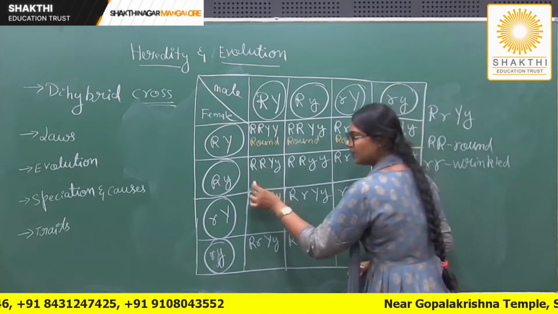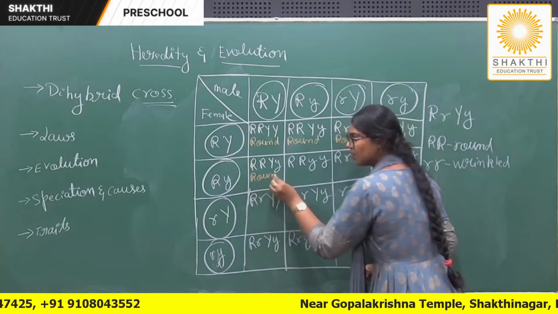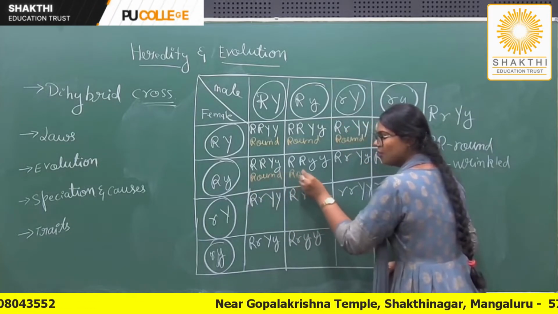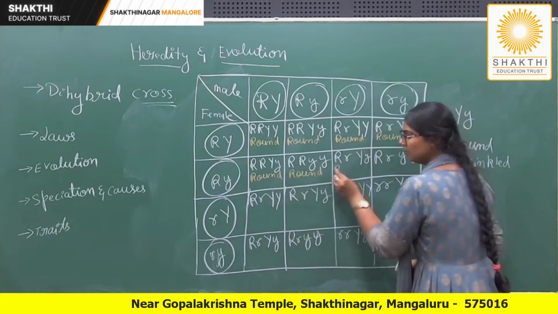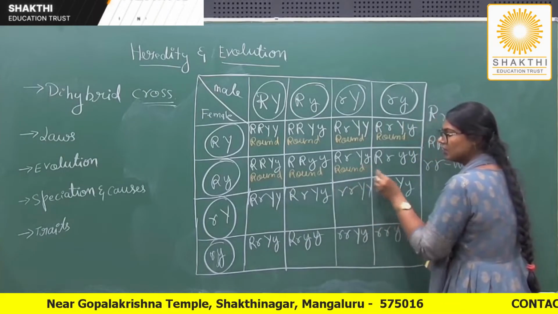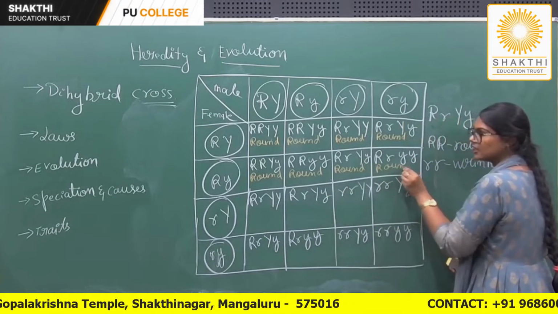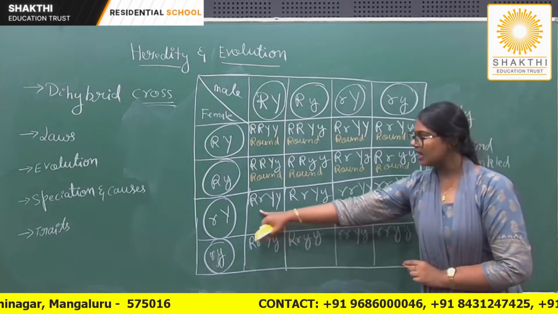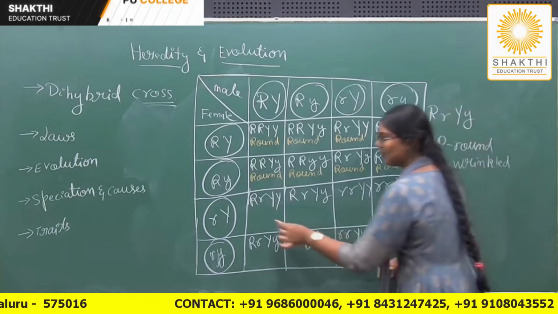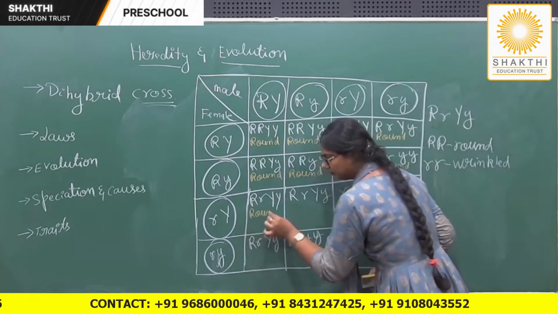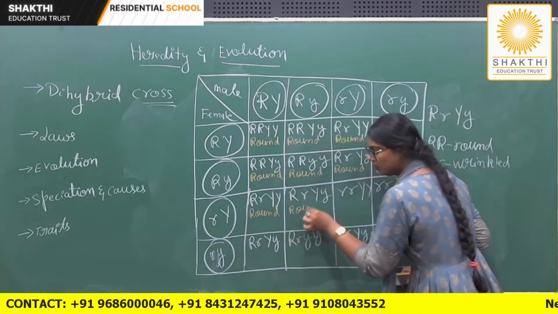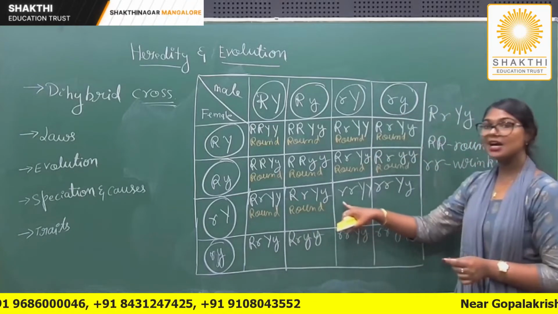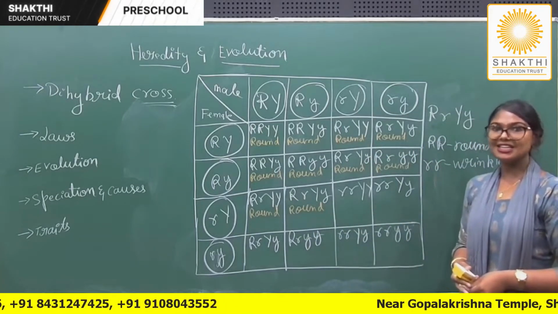Here again capital R stands for round. Here also we have round, and round. Next we have capital R, small r. Again we have round. This is also round. Small r is wrinkled, correct?